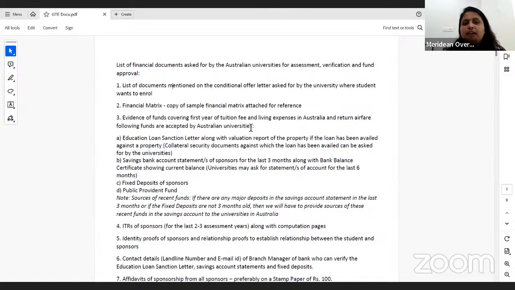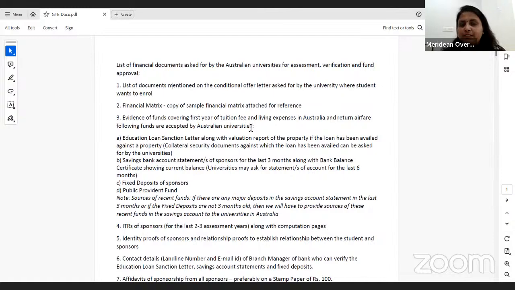As evidence of funds, you can show an education loan, a savings account, or FDs of the sponsors. Even you can show provident fund also. If any student has parents in a government job, or they have a PF account or PPF account, you can consider that also.